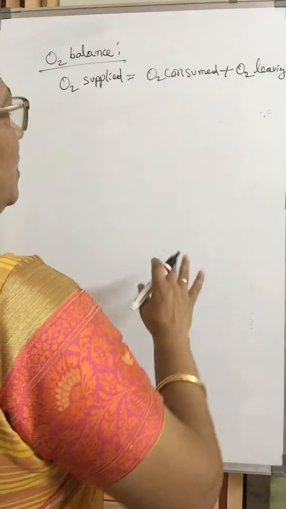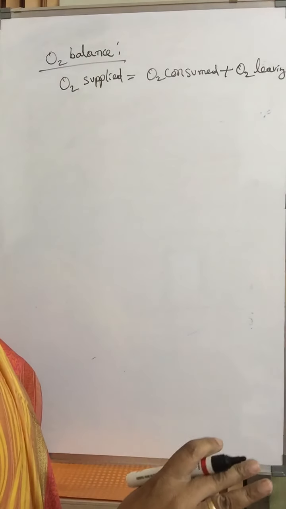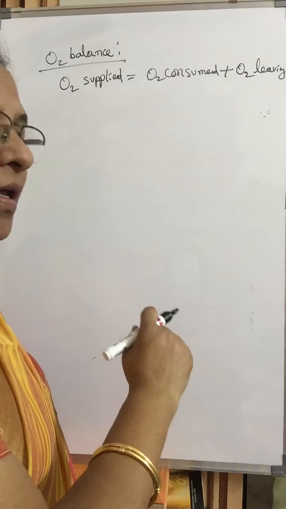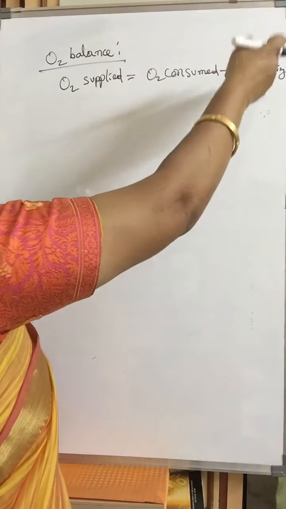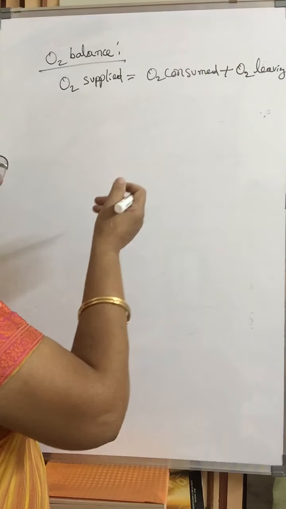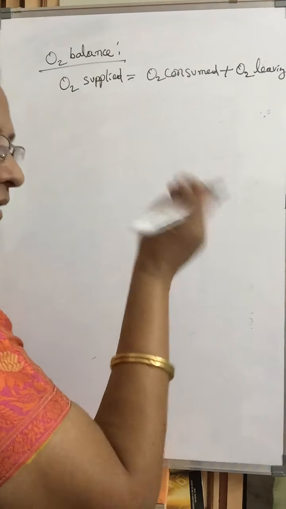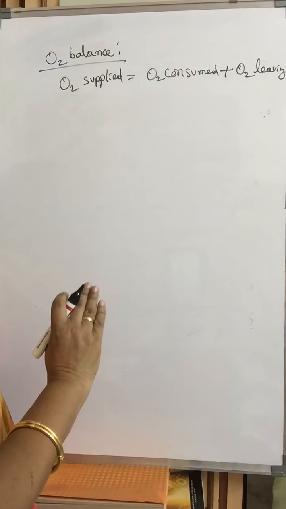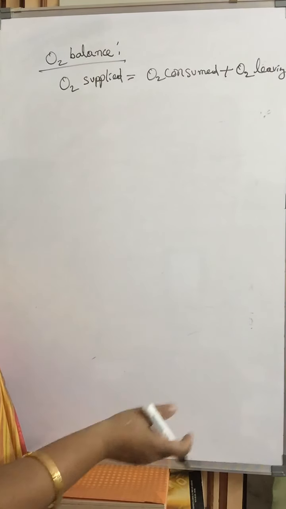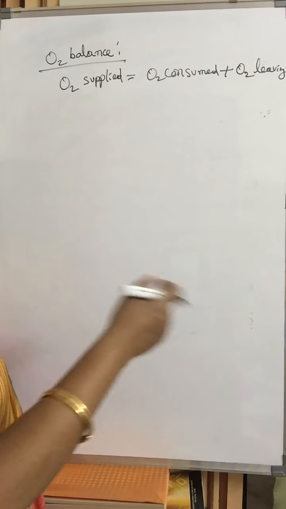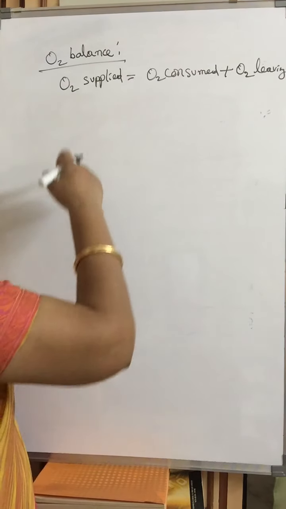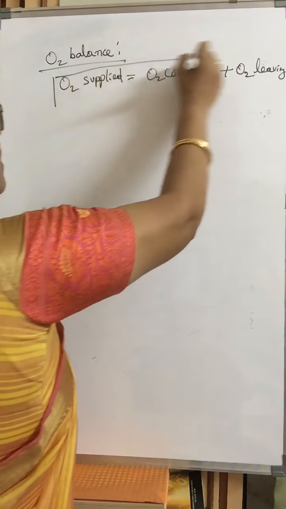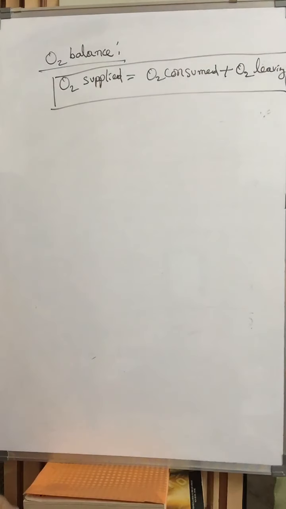Suppose conversion is 100%, then whatever excess amount we have supplied, that much will be leaving. If conversion is only 60%, then the excess will be leaving, and out of the theoretical requirement also, only 60% of oxygen will be utilized. So you write oxygen consumed plus oxygen leaving. This is the oxygen balance.